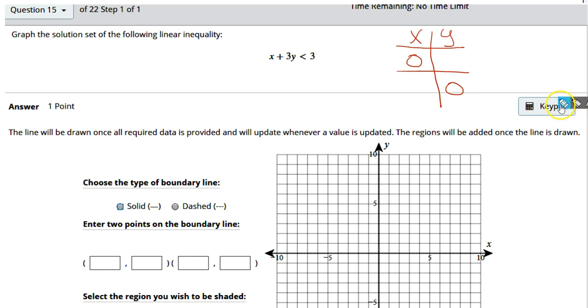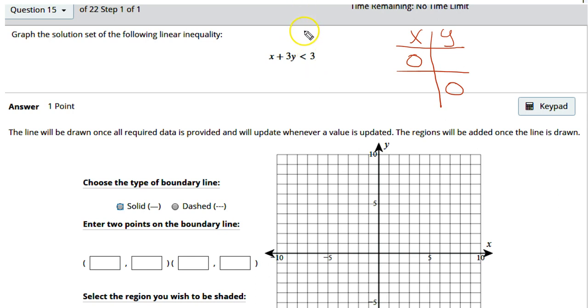Now, in this example, they're asking us to graph this inequality. Now, when we're graphing an inequality, it's not just a line, but a region that would make it true.